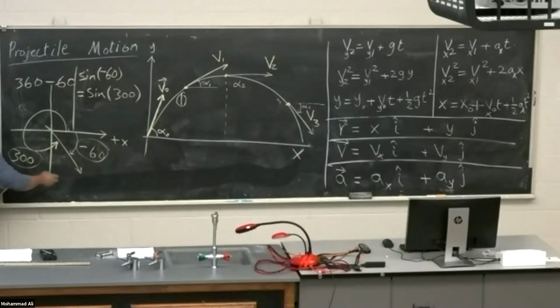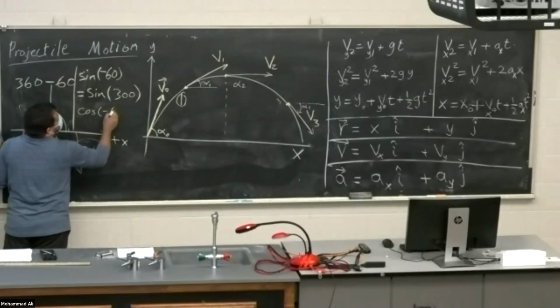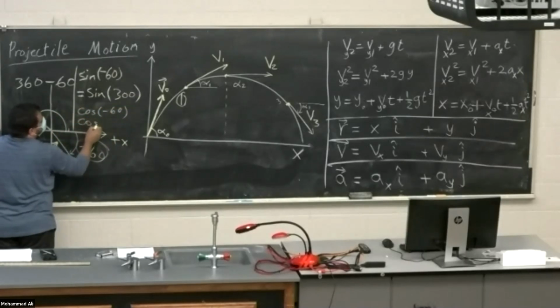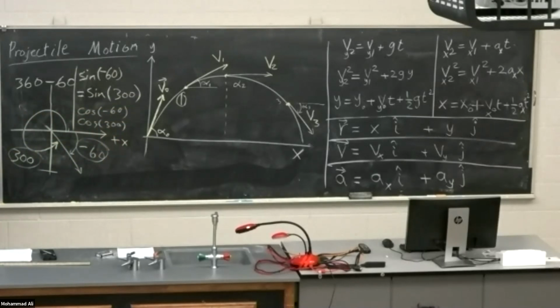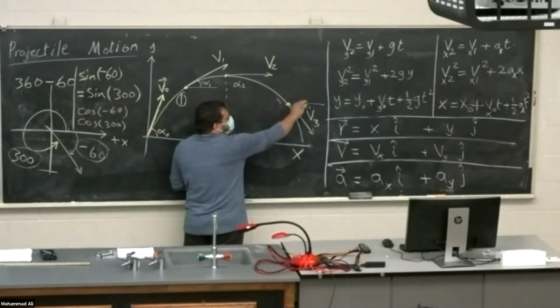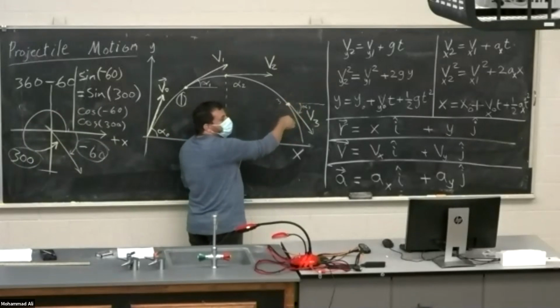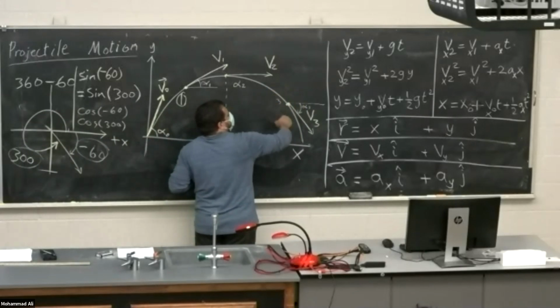The sine is the y component. Also cosine of minus 60 is equal to cosine of 300. So it is okay to measure the angle from the negative direction, but you need to keep in mind what our angle is.